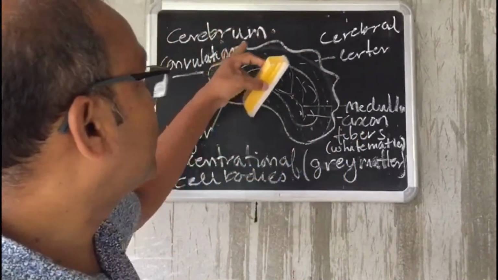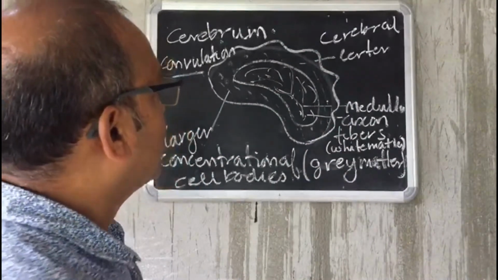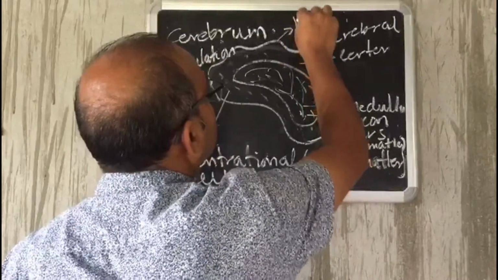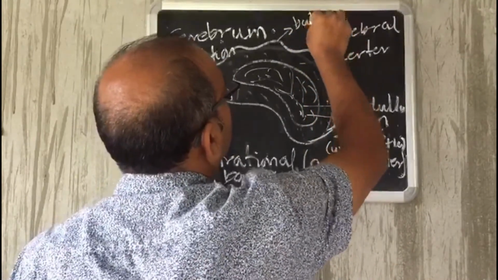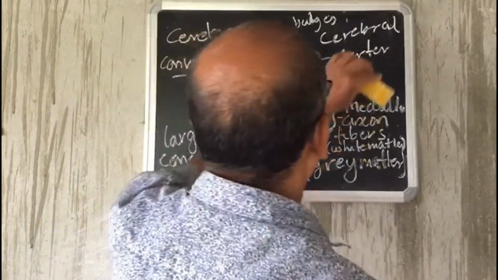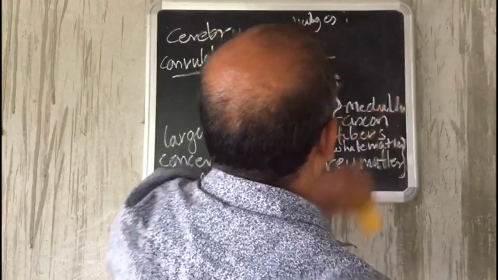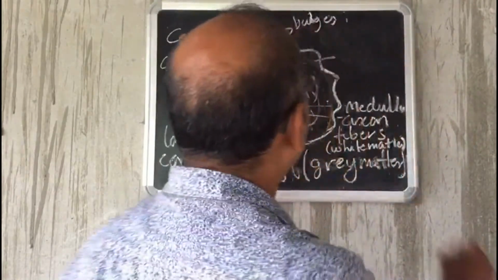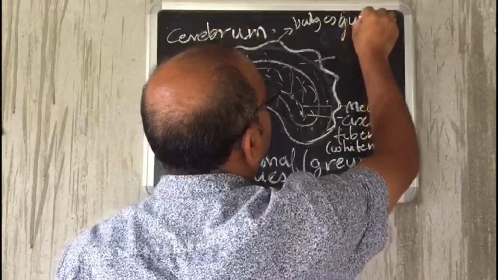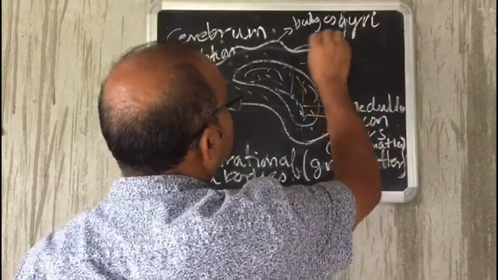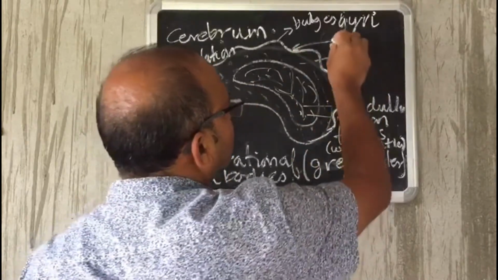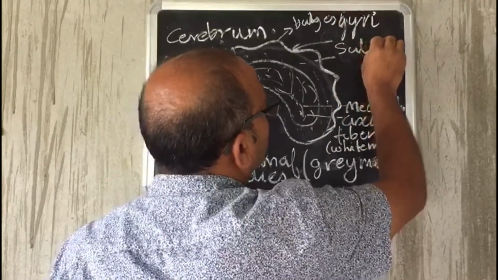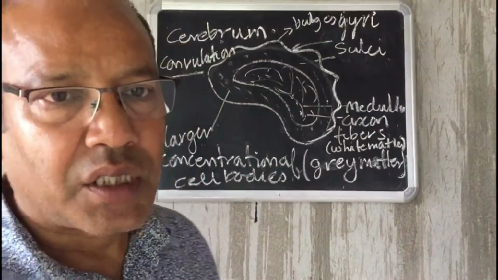Now, these convolutions have been given names. These convolutions have a crest, the bulges, which are known as the gyri, and the folds which form a groove within are known as the sulci.